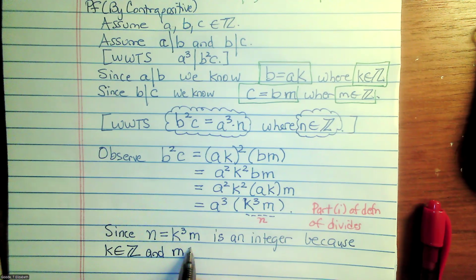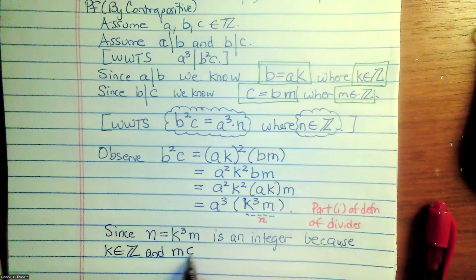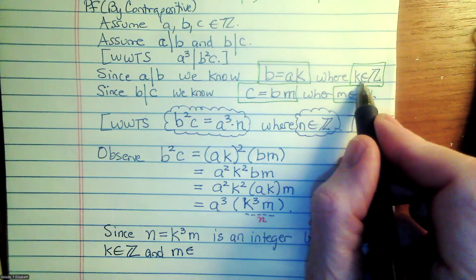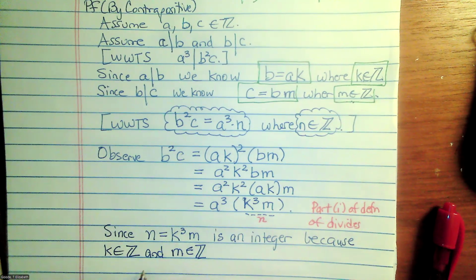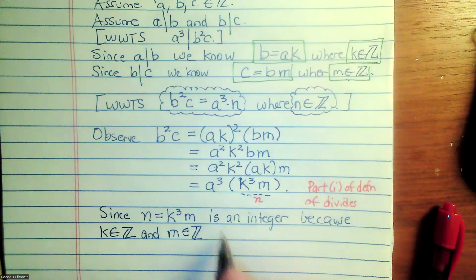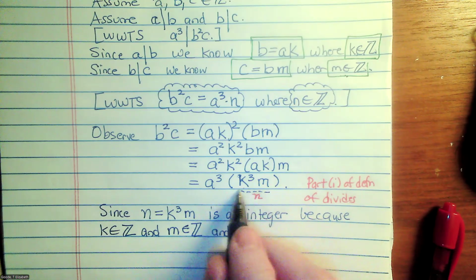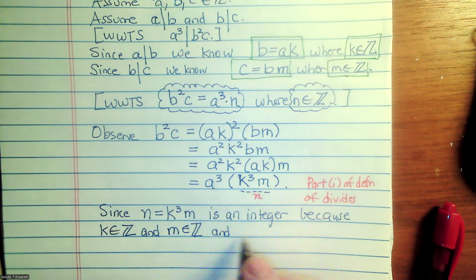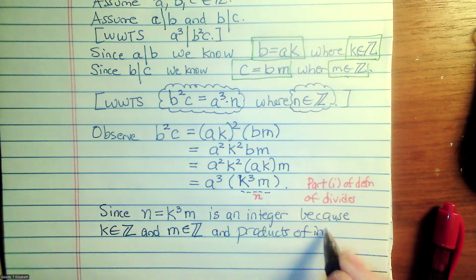We still haven't used this money yet. You just used K is in Z, but now you want to burn M is in Z. We have to burn both of them because M is included in n. So technically, we got to say that M is an element of Z too, because it's included. And what do we say to show that K cubed times M is an integer? Products of integers are integers. Perfect.